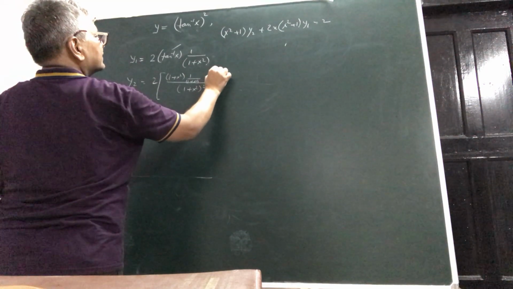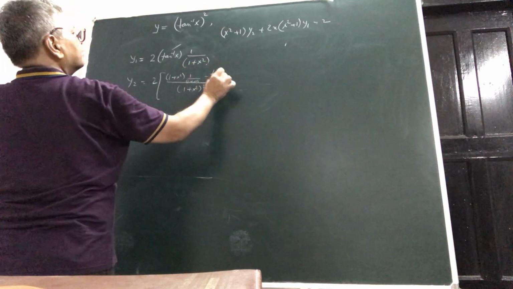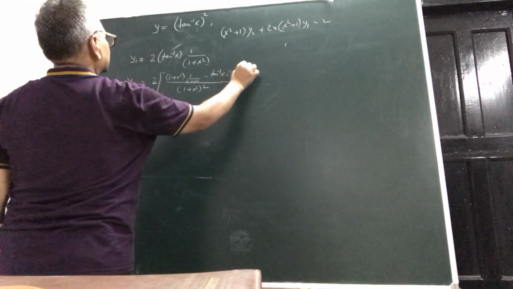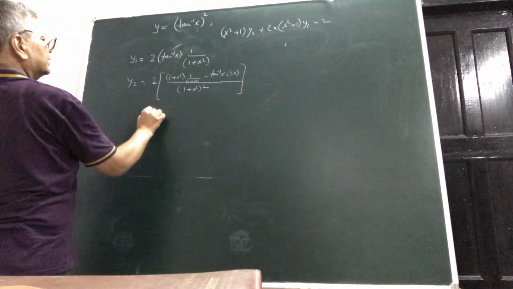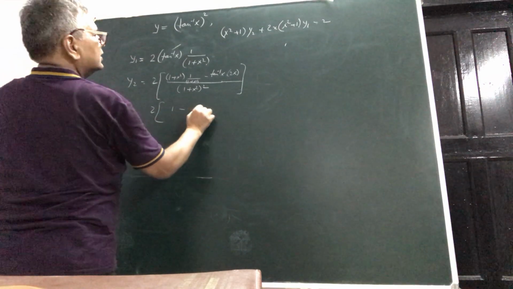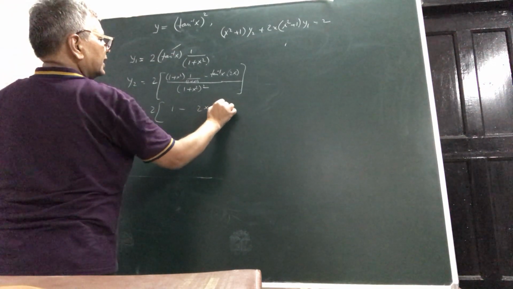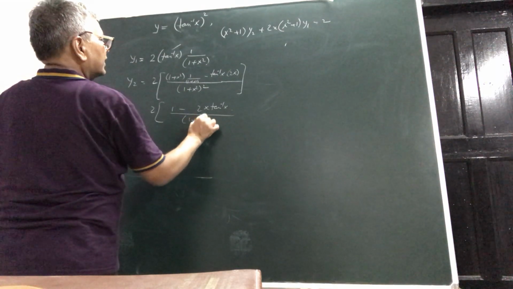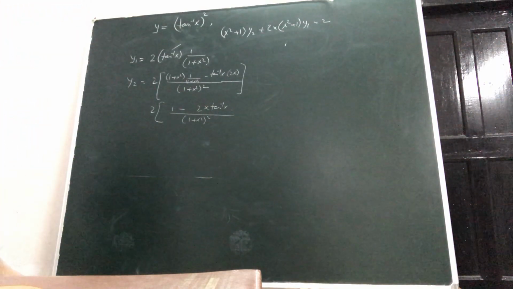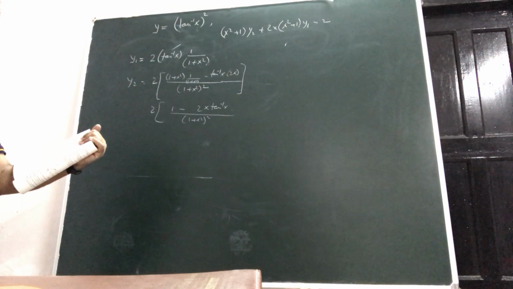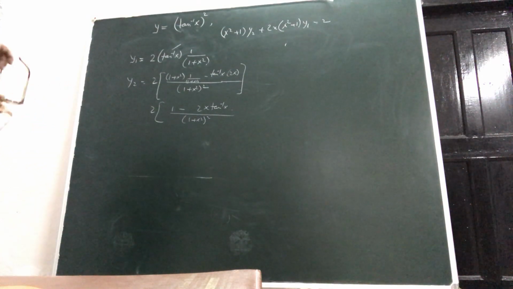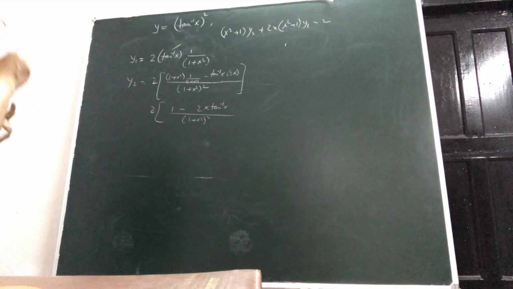Tan inverse x and the derivative of 1 plus x square, which is 2x. So this is what you are getting: 2 times 1 minus 2x tan inverse x upon 1 plus x square whole square. So here it is x square plus 1 whole square.